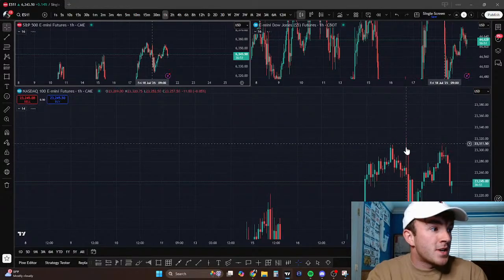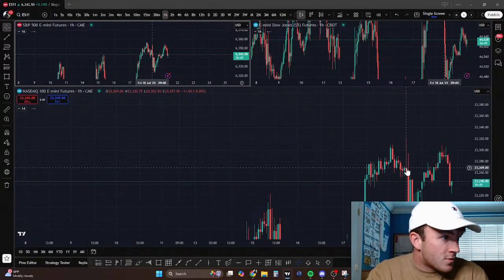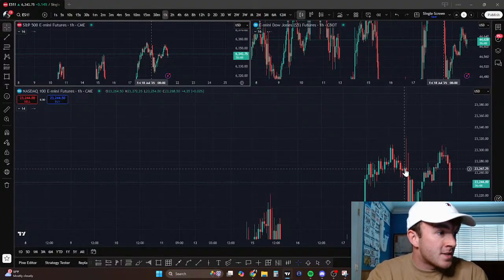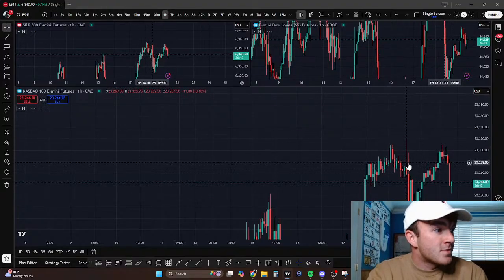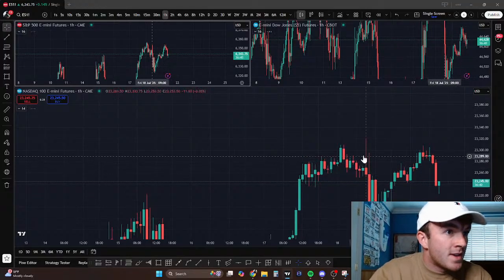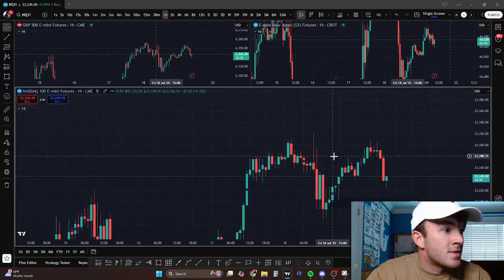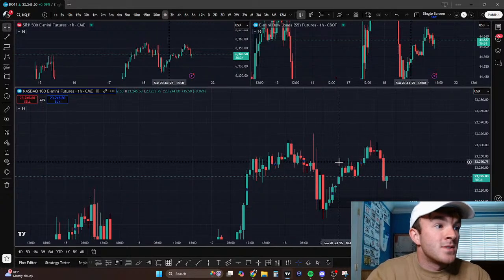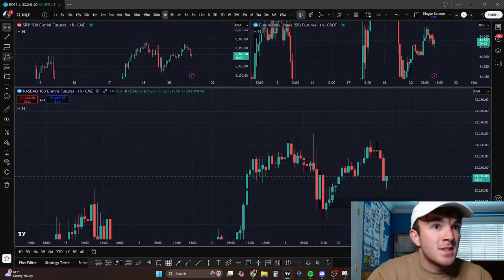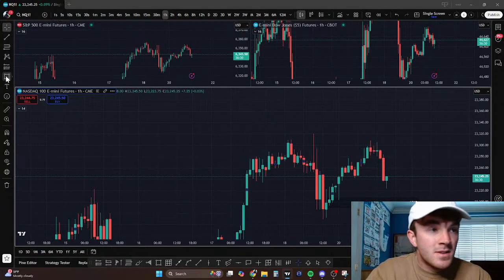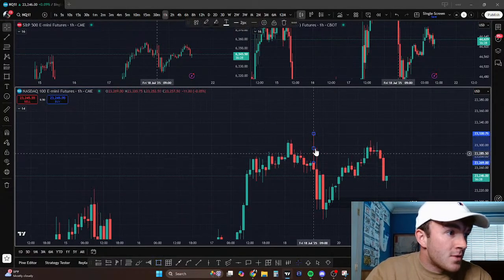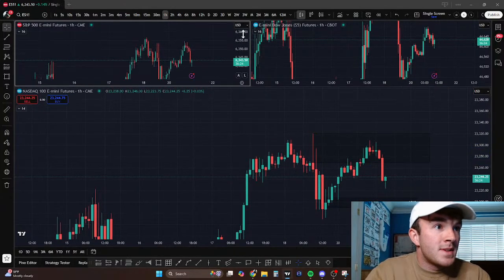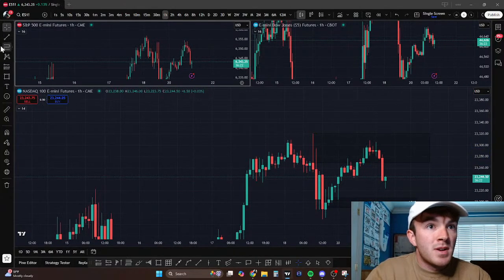Look at how this rejection block wicked above these highs, sweeping those highs, and then closed back lower. Look at how big this rejection block is, right? Very nice rejection block. Oh, that's definitely what this is, dude. That's definitely what this is. Look at this, guys. Crazy nice rejection block, and on S&P we sweep the rejection block, right?